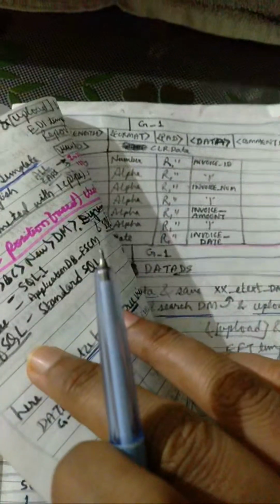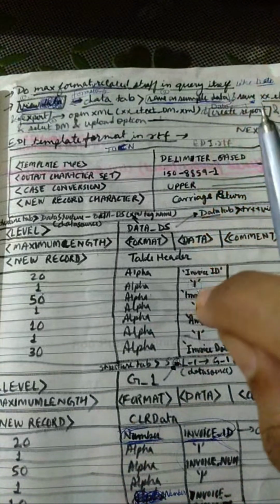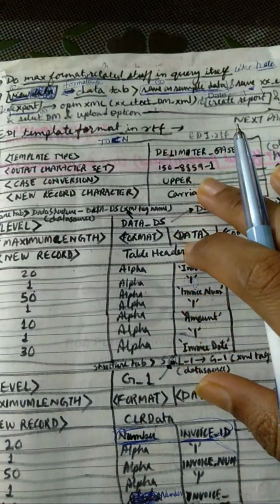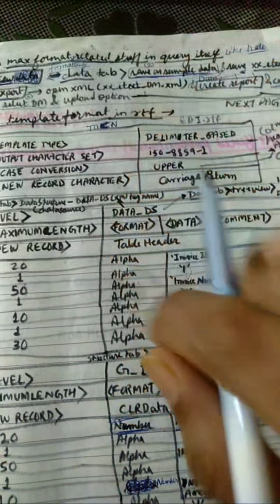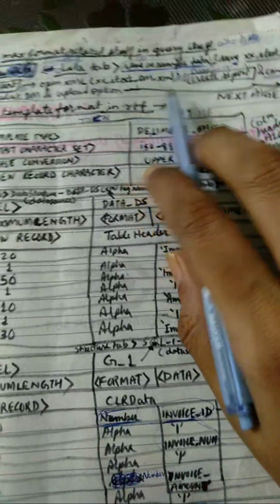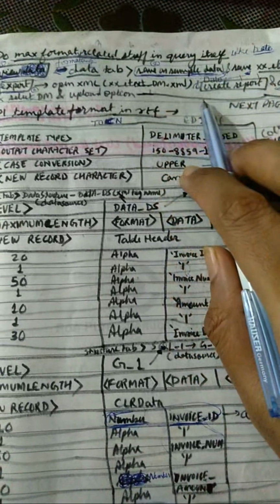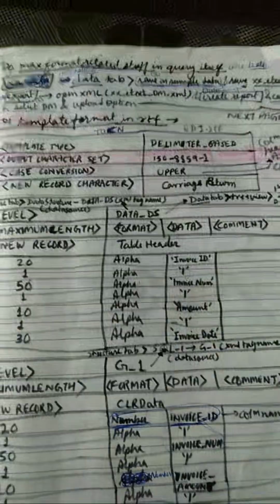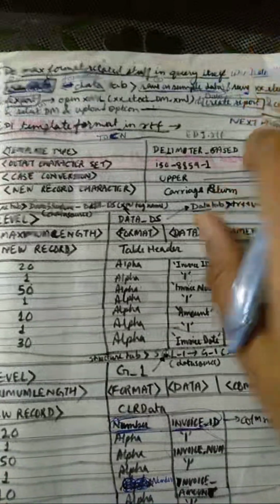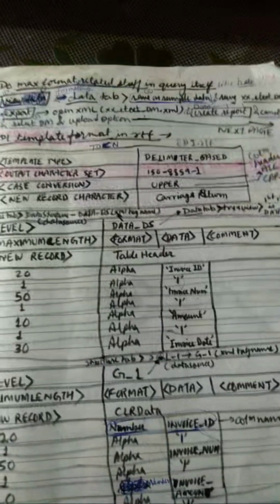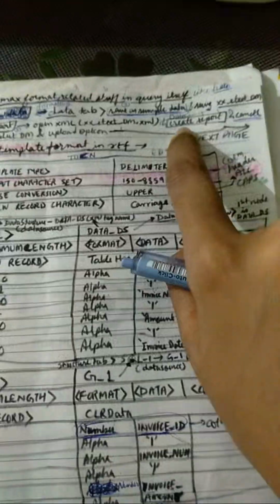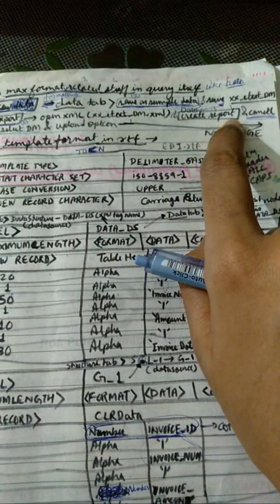Okay, now after this is done, let's say I have created this particular RTF and I have saved it. Now what you do is in the DM, if you click on existing DM, you already have saved DM, so under the existing DM, you will have a create report option. Okay, click on that.